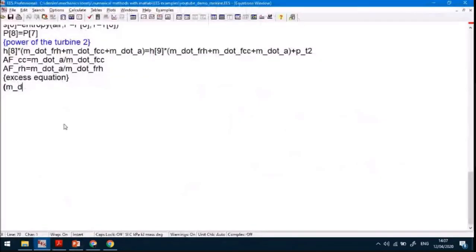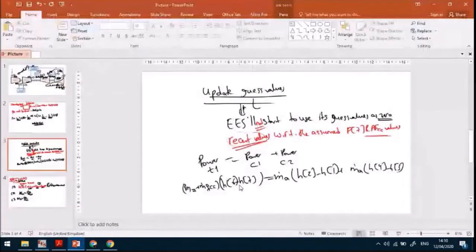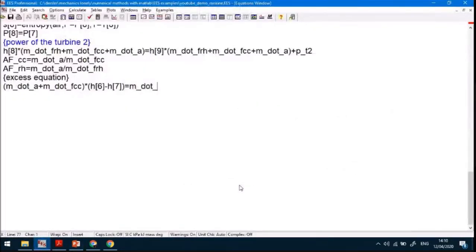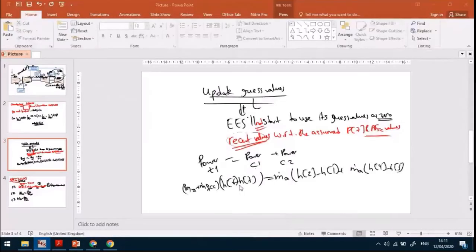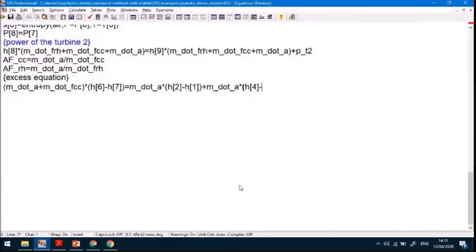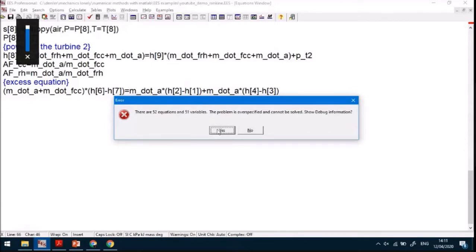So m dot of air times H6 minus H7 is equal to m dot of air times H2 minus H1 plus m dot of air times H4 minus H3. Let's see if everything is alright. Now let's run it. Firstly, yes, we have the excess amount of equations.